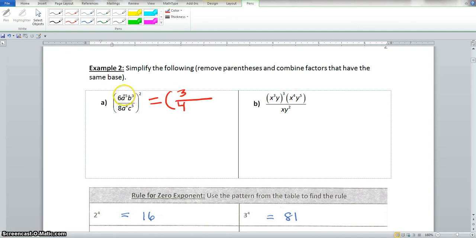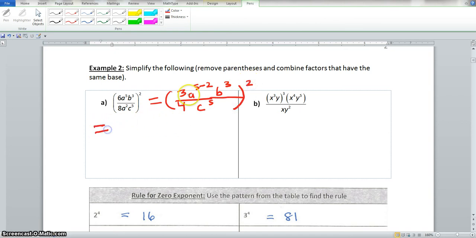Now, we look at these exponents. We have a to the 5th over a to the 2nd, so we can write a to the 5 minus 2, because when they have the same base, we can subtract the exponents. And then we have b to the 3rd, which doesn't have the same base in the denominator, and we have c to the 5th, and then our exponent is 2.